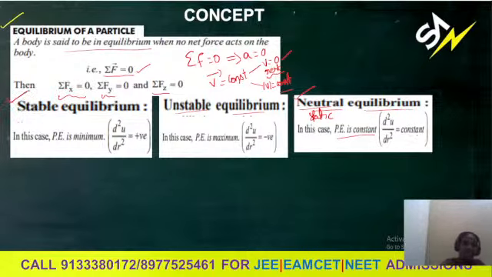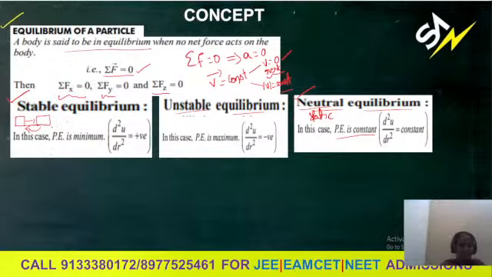Let us see stable equilibrium. For example, an object initially at some state is displaced to some other position, and it can come back to its original state. It can regain its original state. In that case also, the sum of the forces acting on the object will be equal to 0. That equilibrium state is called stable equilibrium. For example, potential energy stored in a spring.